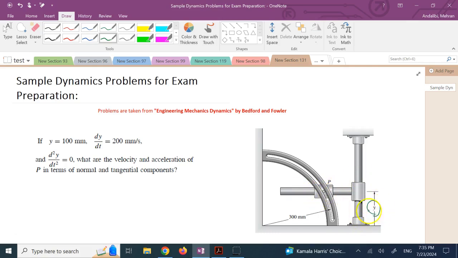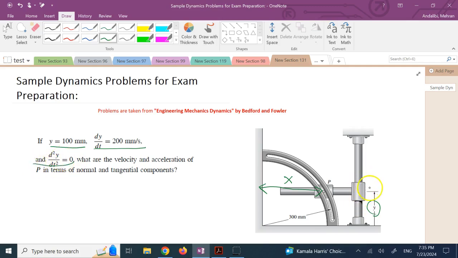So the Y is completely under your control, but not the X. The X, which is this distance, is not under your control, and it's controlled indirectly through the slot. So at the specific moment, Y is 100 mm, Y dot is 200 mm per second, and Y double dot is 0.